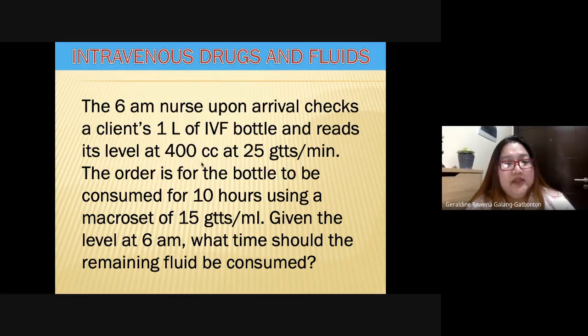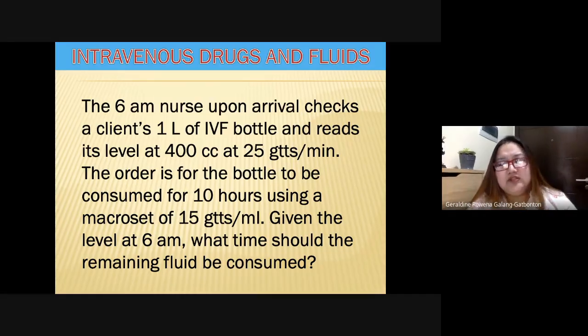Ang tanong, yung 400 ml na yan, gaano katagal mauubos? Or, anong oras siyang mauubos? Kung 6 a.m., 1 liter siya. Okay? So, in this case, napakasimple lang nung pwede mong gawin para malaman kung gaano katagal na lang mauubos.